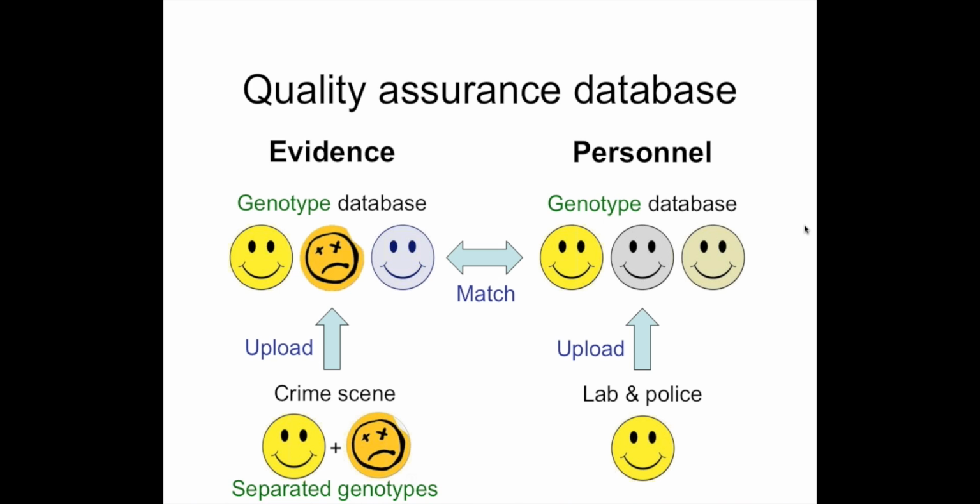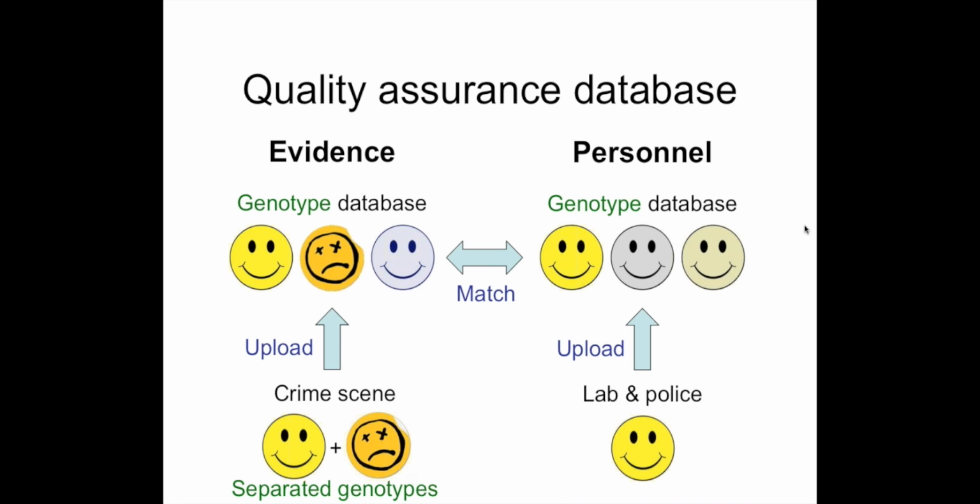Another use is to have a quality assurance database in the laboratory, where here the right side of the equation is now a personnel database, where single source reference samples from laboratory and police personnel are uploaded to a within-lab genotype database.